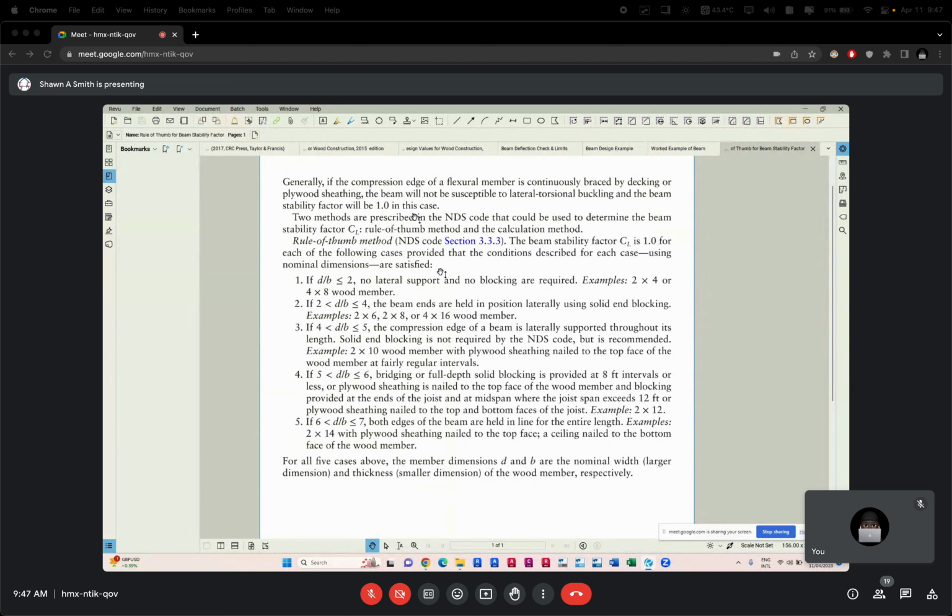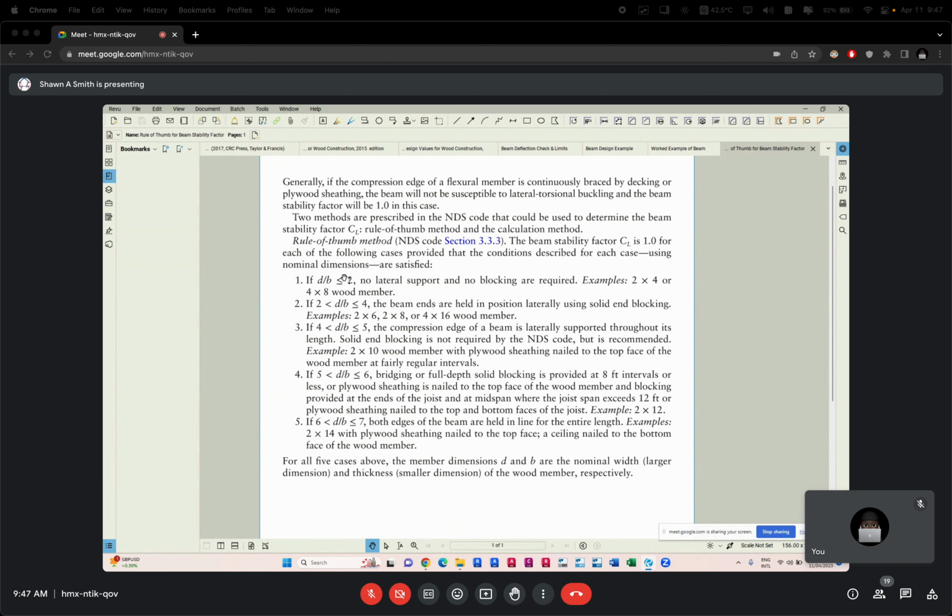So it speaks to the rule of thumb method, whereby these are the 5 cases that if your beam meets any of these requirements, then that beam will be stable against lateral torsional buckling, and your CL factor, beam stability factor, automatically becomes 1.